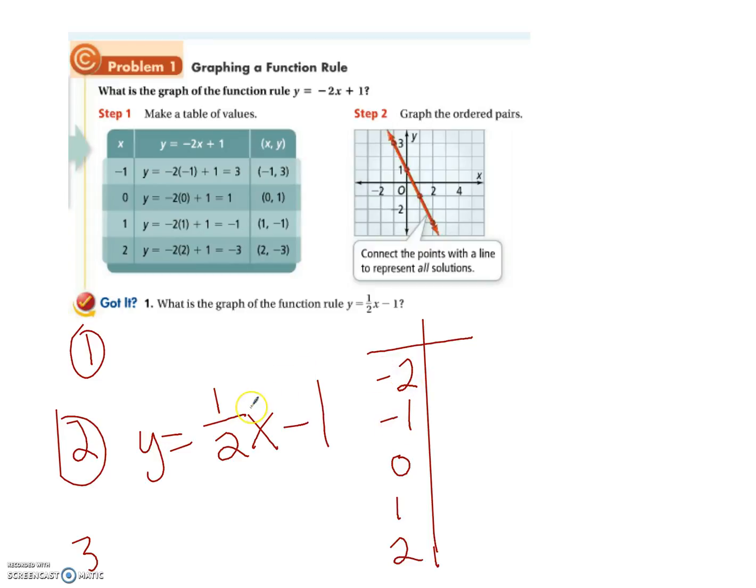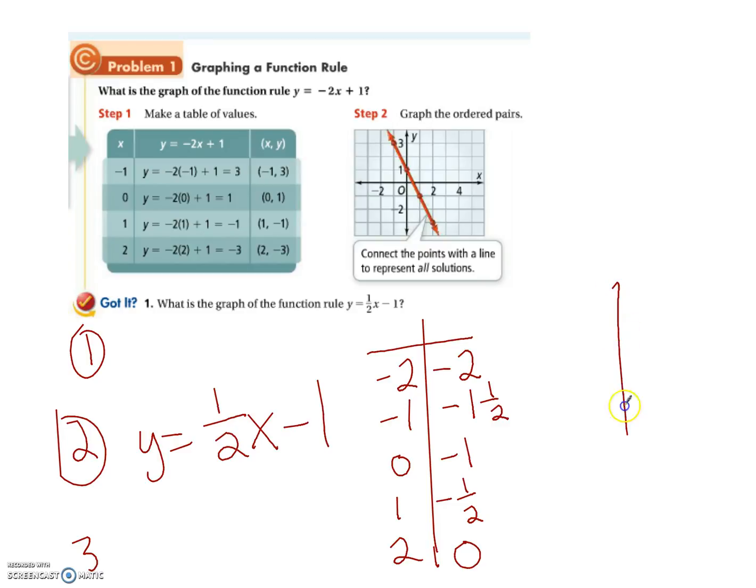We're going to plug these into this equation. 1/2 times negative 2 is negative 1, minus 1 is negative 2. 1/2 times negative 1 is negative 1/2, minus 1 is negative 1 1/2. 1/2 times 0 minus 1 is negative 1. 1/2 times 1 is 1/2, minus 1 is negative 1/2. 1/2 times 2 is 1, minus 1 is 0.